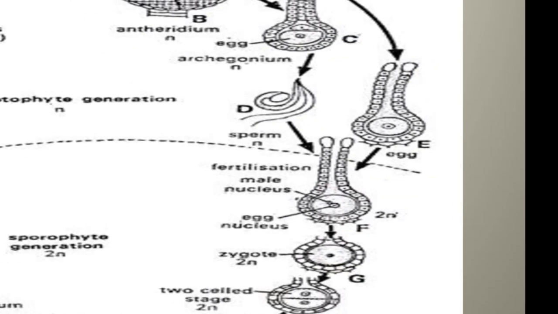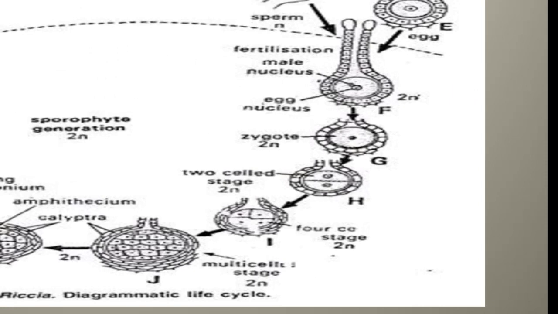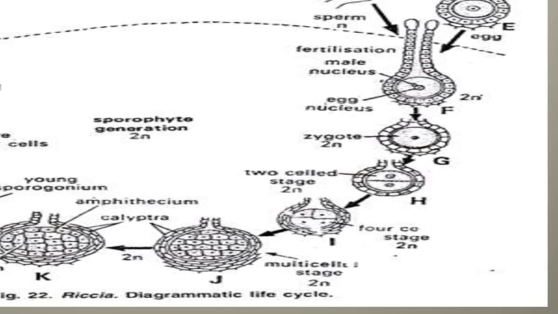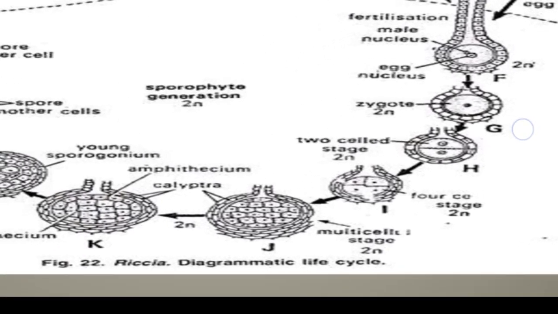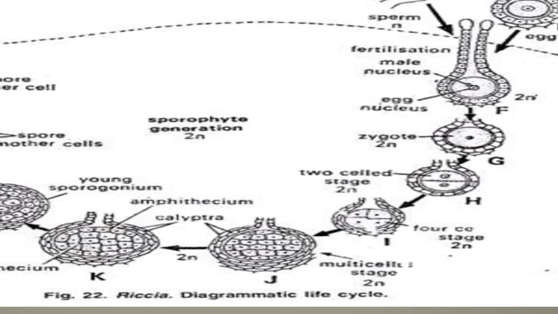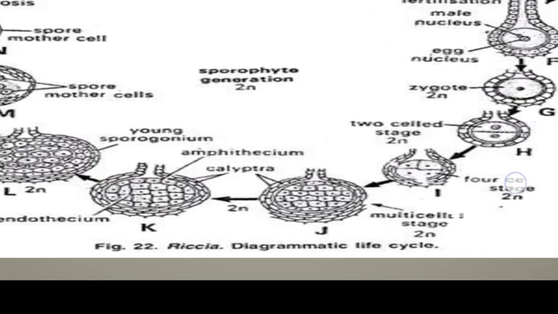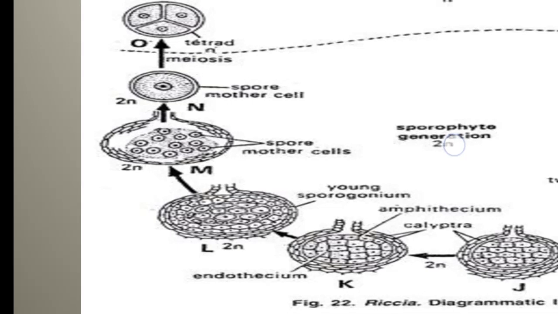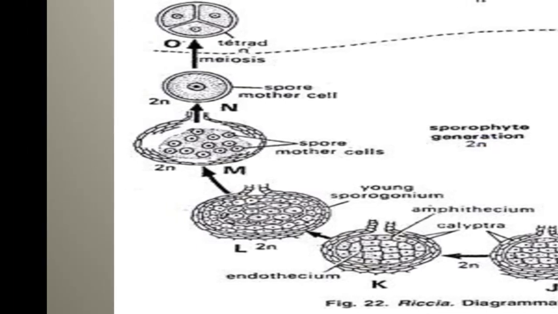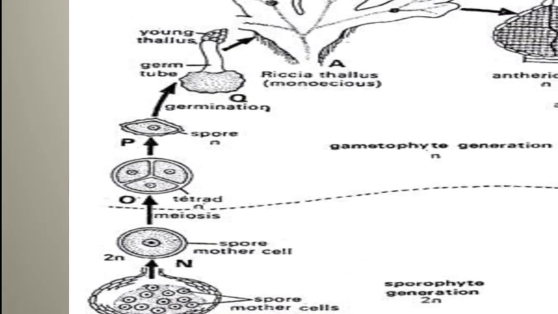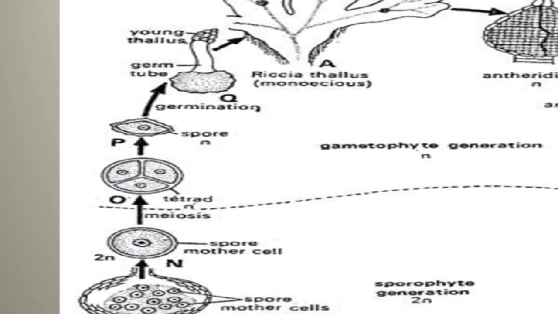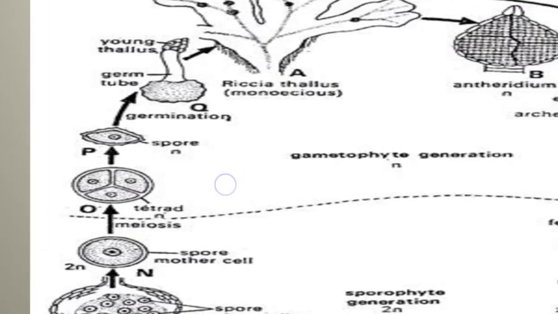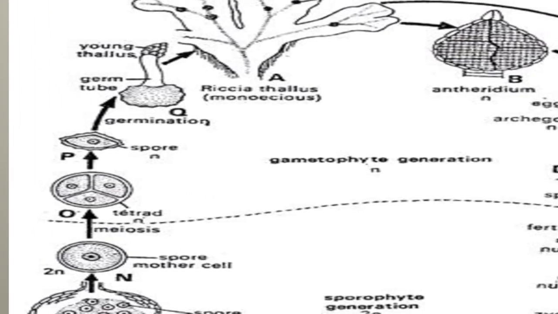Now it is 2N conditioned, and this 2N zygote divides firstly into 2-celled, then 4-celled, and a jacketed structure is formed. And now you will see that the 2N spore mother cell divides into N spores by the process of meiosis, and this N spore ultimately converts into the gametophytic plant.